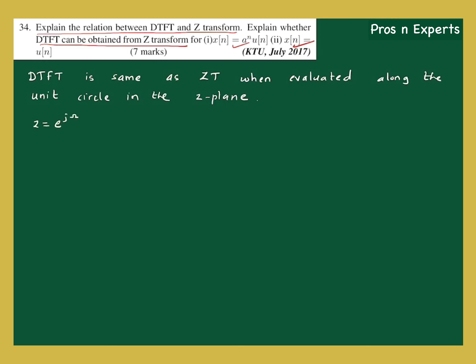That means suppose you have a Z transform given by X of z equal to z by z minus a, then the DTFT can be simply evaluated as X of e raised to j omega equal to, put z equal to e raised to j omega, e raised to j omega by e raised to j omega minus a.